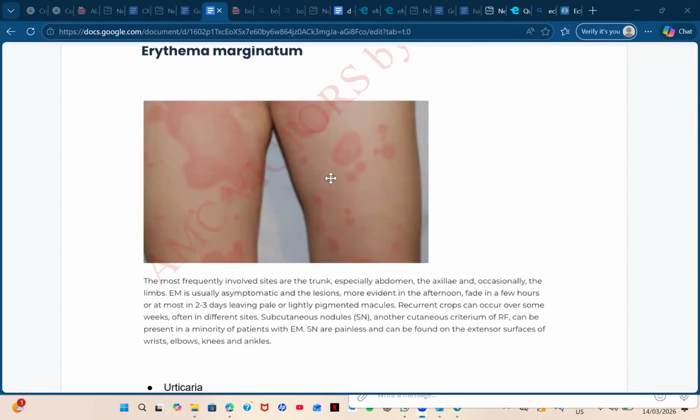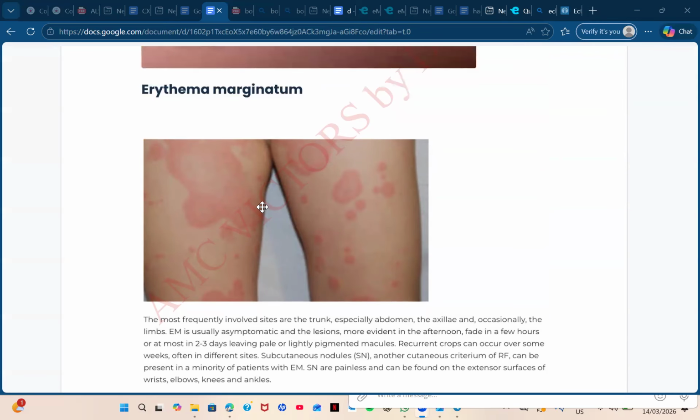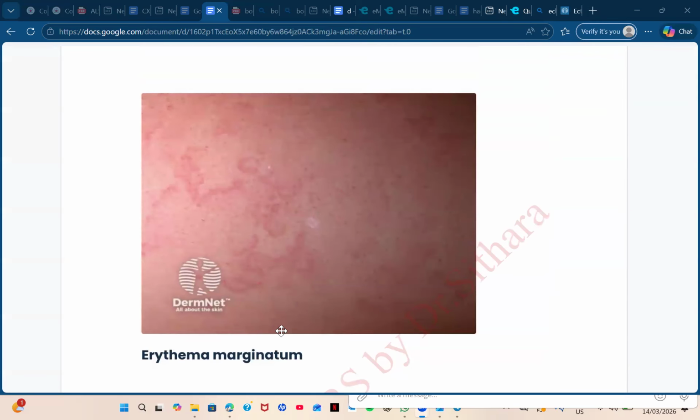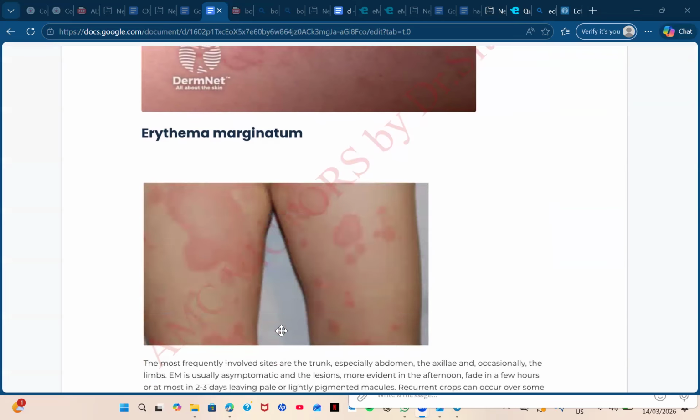Serpiginous is the pattern, or you can just remember it as ring shaped as well. Serpiginous means snake-like. And remember, pale center.